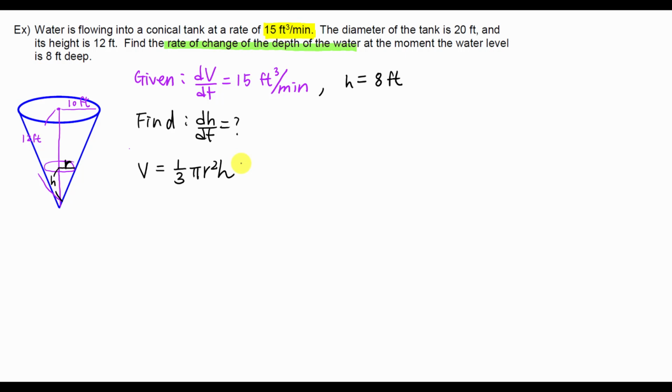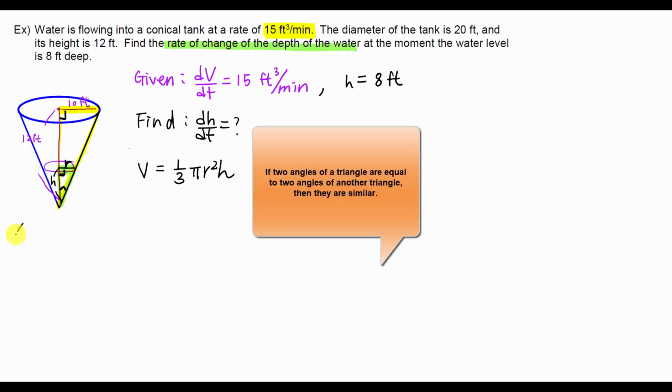So again, you can see this original shape of a triangle right here. That's a right triangle, right? Because this is a 90 degree angle, and when water is coming in, the water level within this tank also makes a right triangle, and they are both sharing this angle. So by the AA theorem, these two triangles are similar.